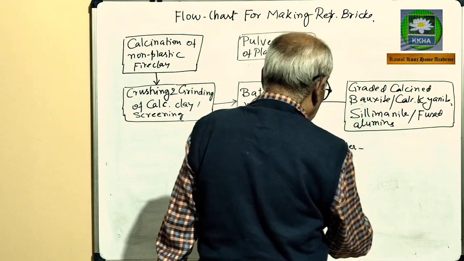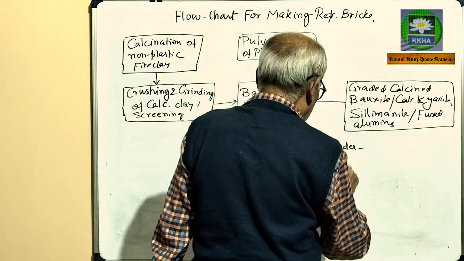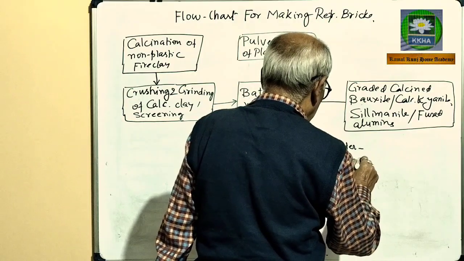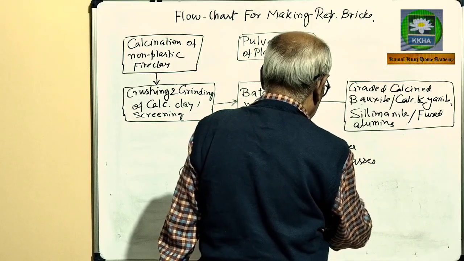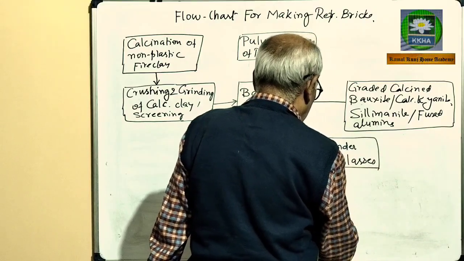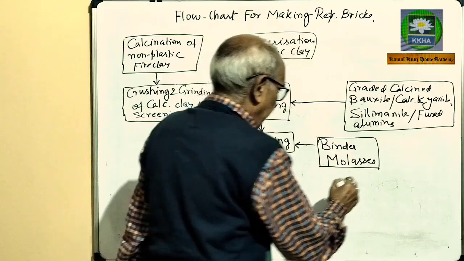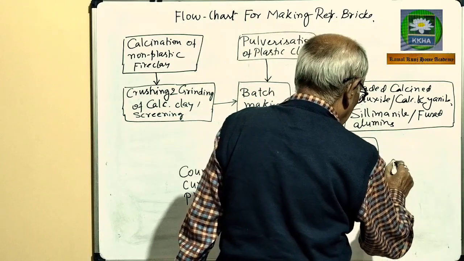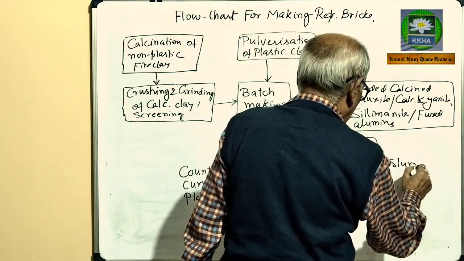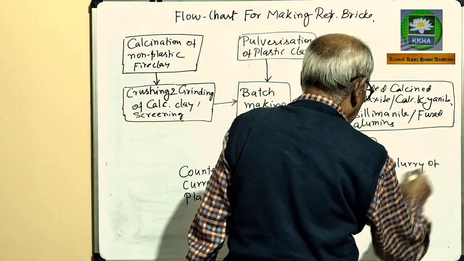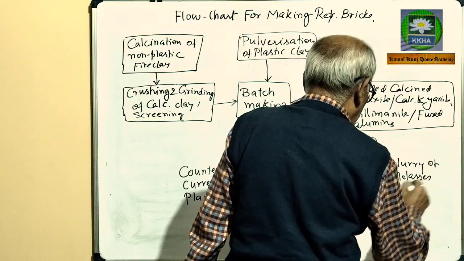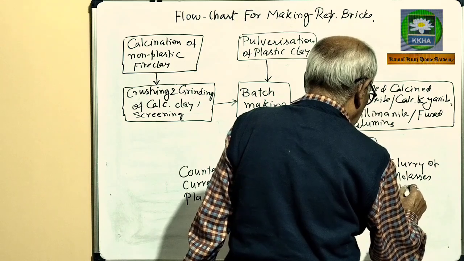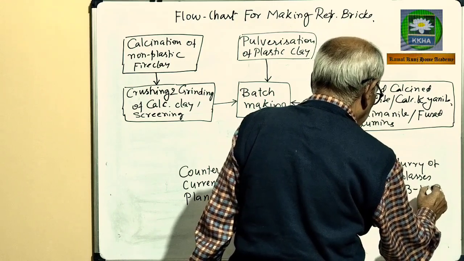Molasses is generally used as binder, as a molasses slurry with density maintained around 1.3 to 1.5 gram per cc.